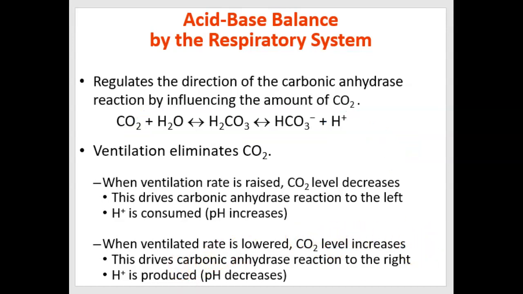When CO2 increases, that drives this reaction to the right. And so more hydrogen ions are produced. And when more hydrogen ions are produced, that lowers the pH. So the integrity and health of our respiratory system plays a role in our pH balance in our bodies.